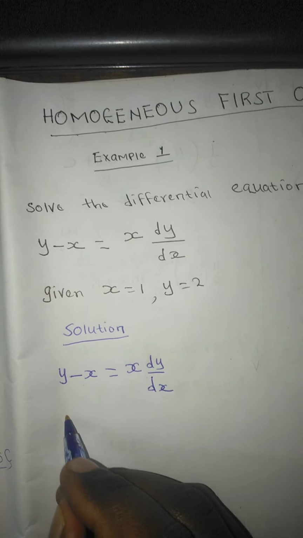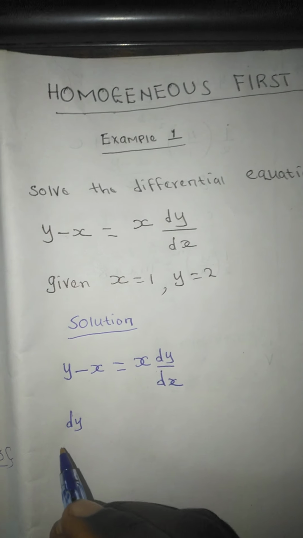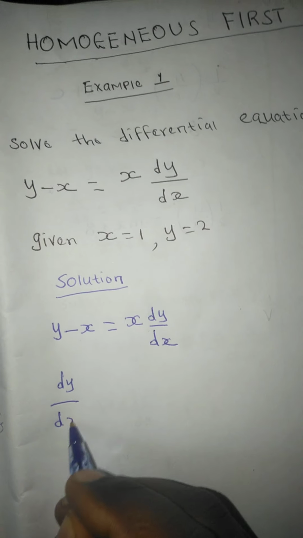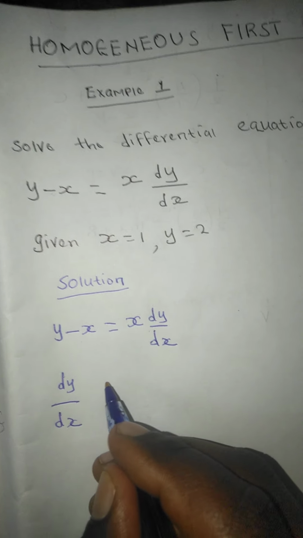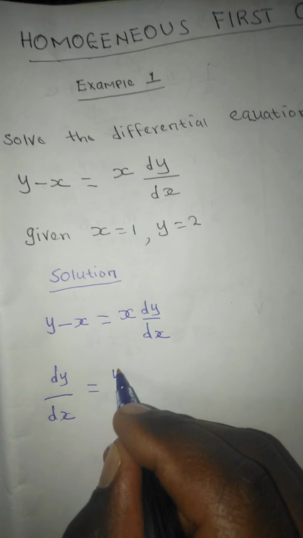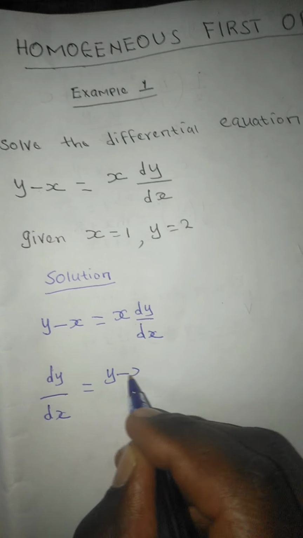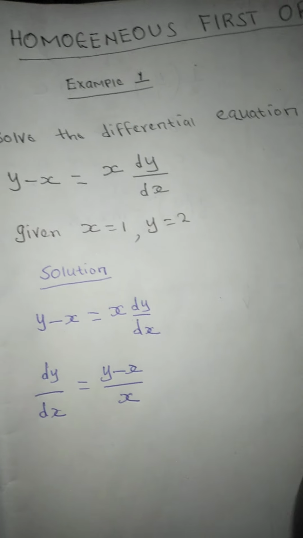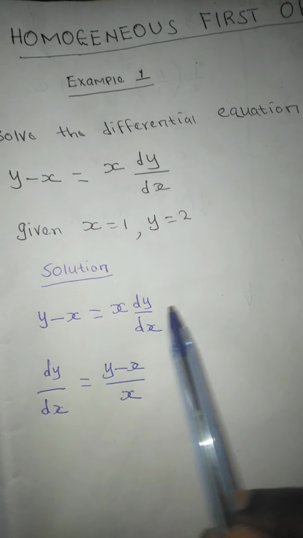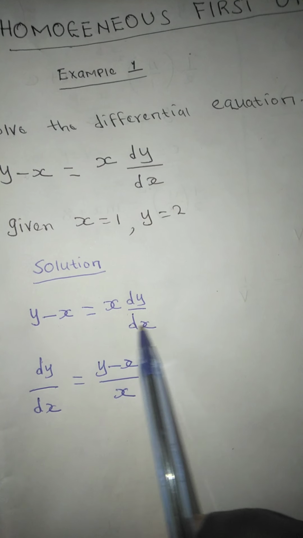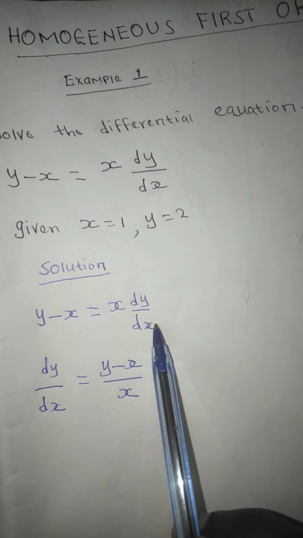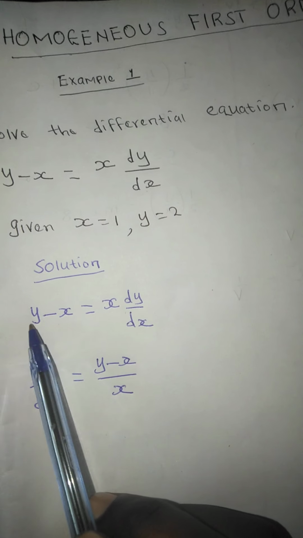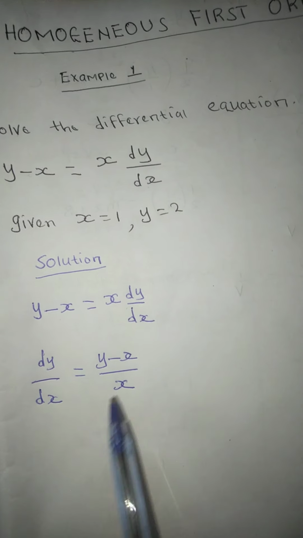So it will be dy over dx is equal to y minus x all over x. So what I've done is to divide by x on both sides. When you divide by x here, the x and the x will cancel and the other x will remain. That is what I've done here.